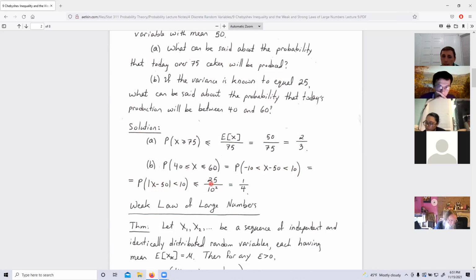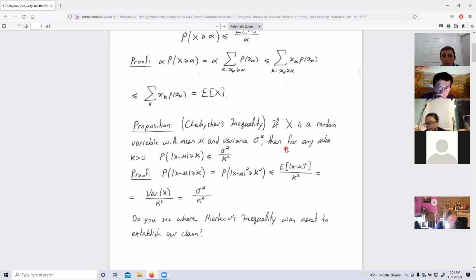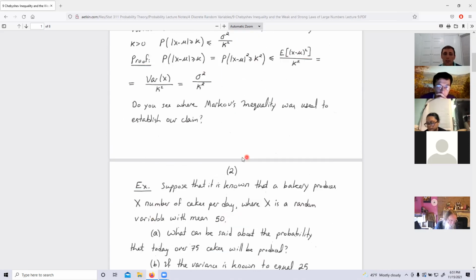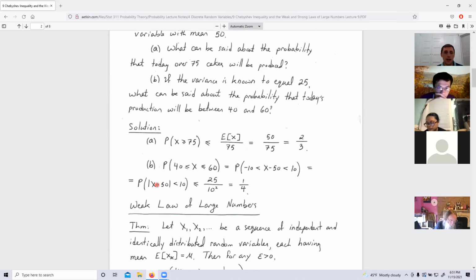And here I think I made a mistake. The absolute value of X minus 50 is less than 10, but using this inequality requires me to use bigger than, right? So what can I do here? I can compare this.